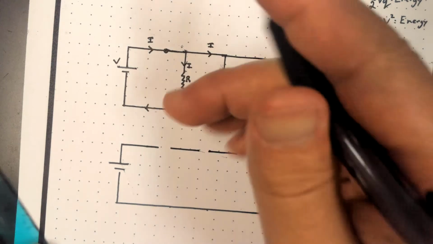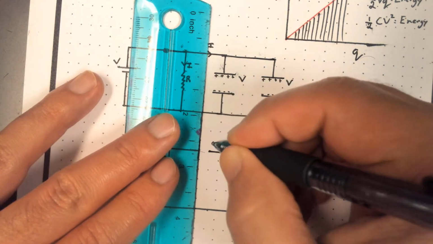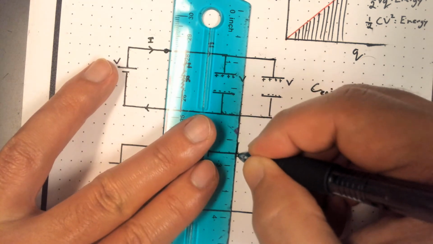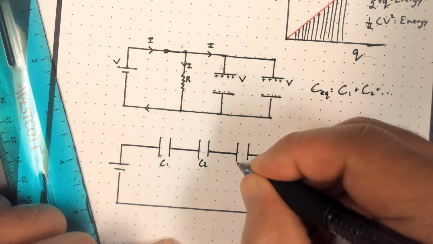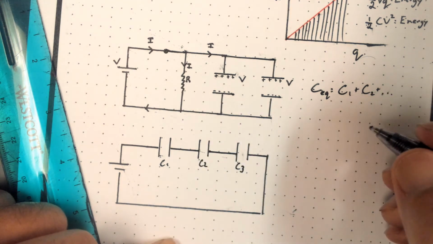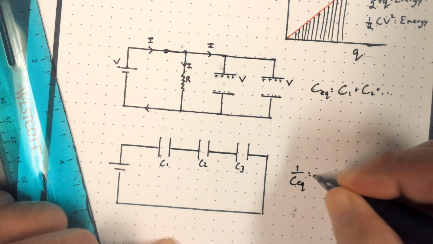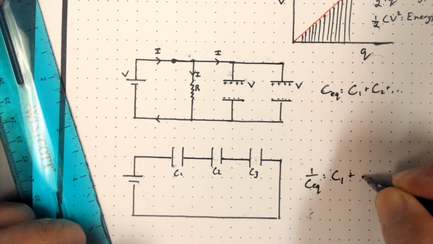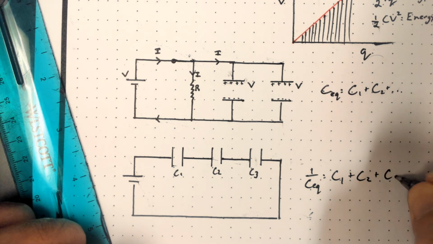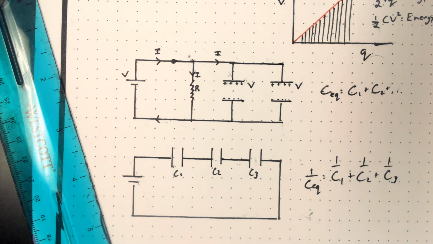And so if we have capacitors that are all set up in series, like this, let's say this is C1, this is C2, this is C3, to make them into one capacitor, we would have to do 1 over the equivalent capacitance that we want, and that's going to be 1 plus 2 plus 3, although we need to put these all on the denominator and then add them.